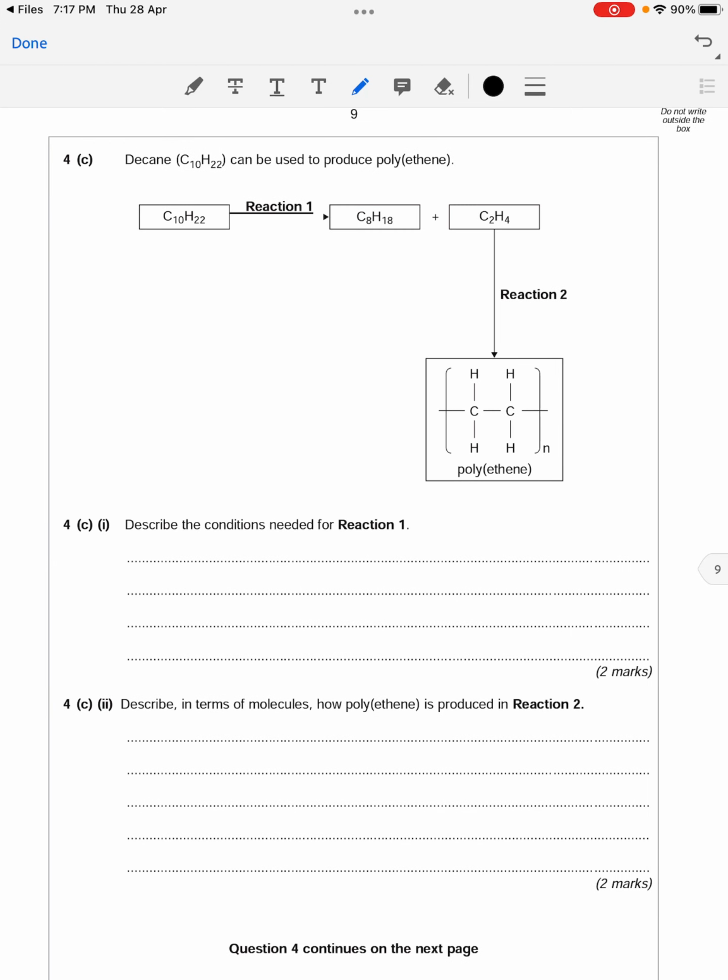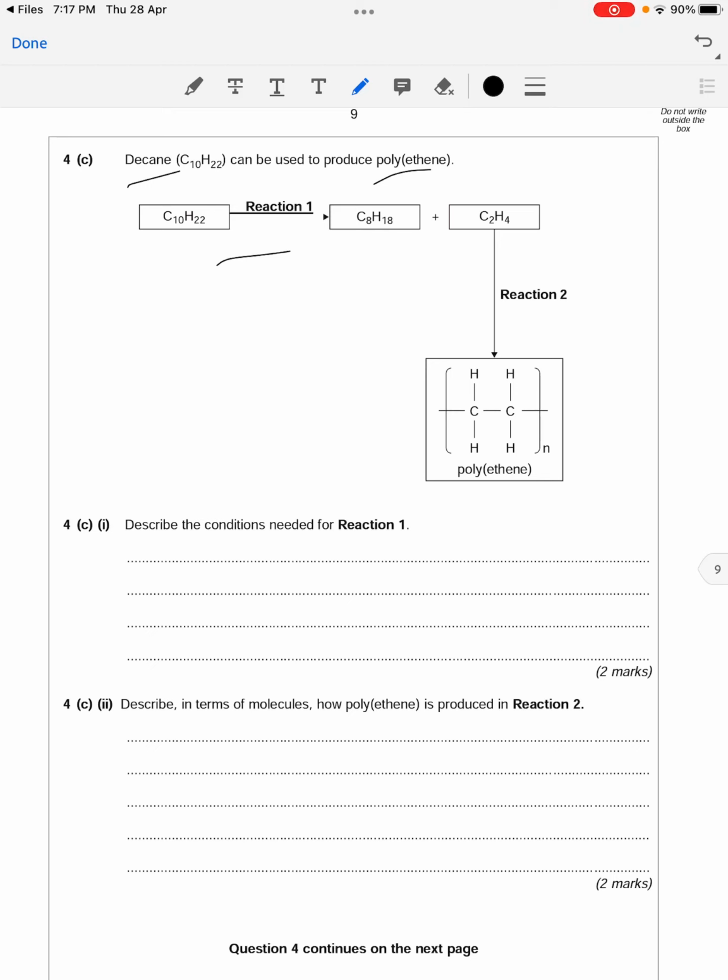Next question, we have decane can be used to produce polyethylene. Describe the conditions needed for reaction 1. The conditions that are needed for reaction 1 is that high temperatures need to be used.